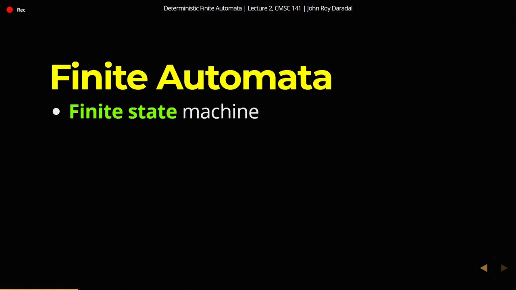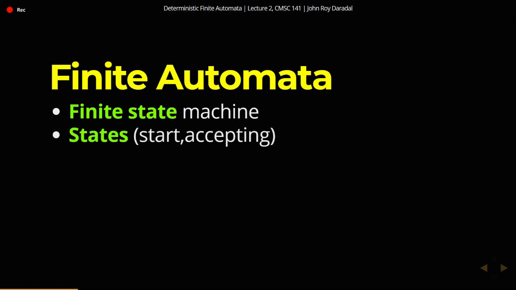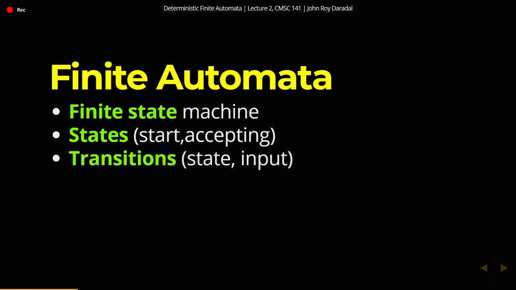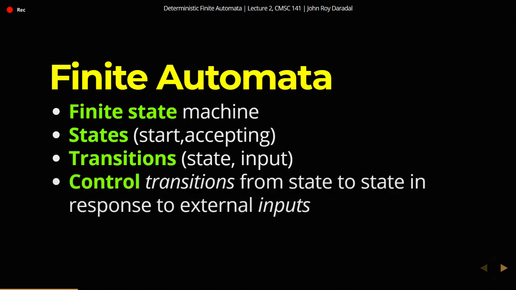So what is the finite automata? It is a finite state machine. So it has some states, and it has a starting state, accepting states, and other states. It also has transitions. So from one state, it can transition to another state given an input. And there's also a control or a pointer that transitions from state to state in response to external inputs.